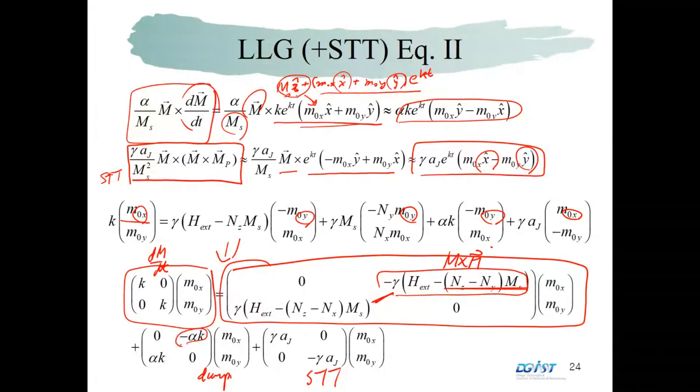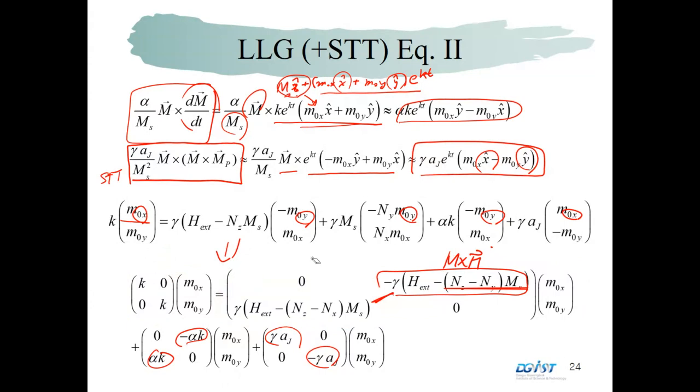So this off-diagonal element gives us the mixing of the mx and my. And this diagonal term gives us just a simple differential equation. So yeah, it looks complicated, but we can do it more because it's just a simple matrix operation.